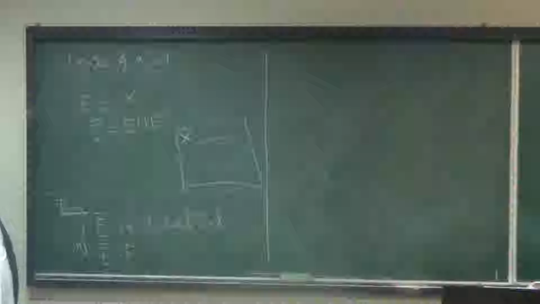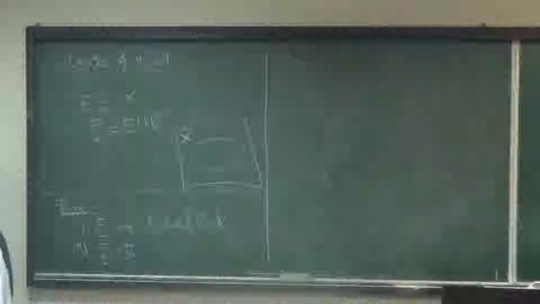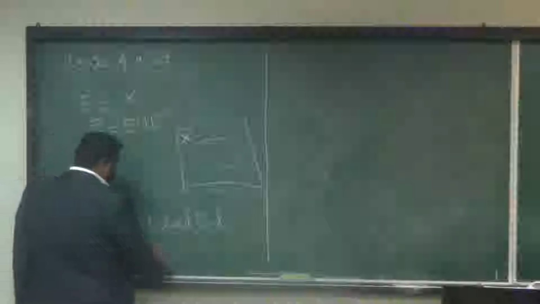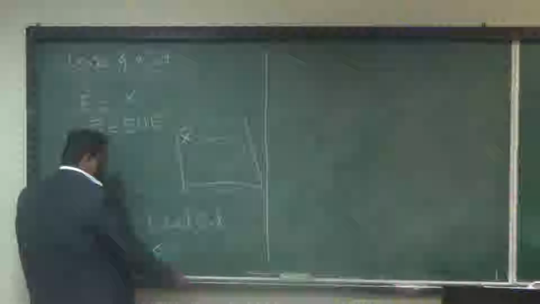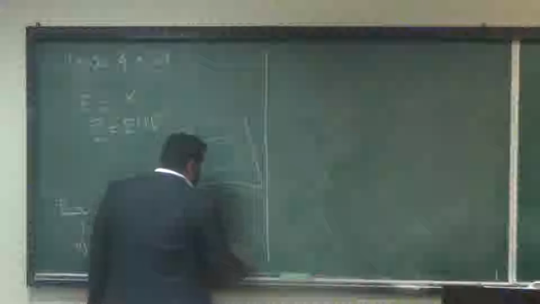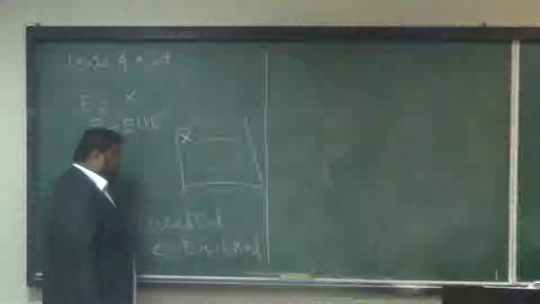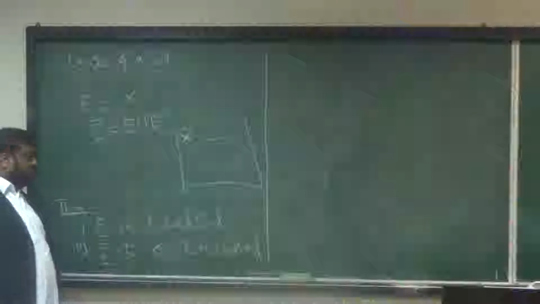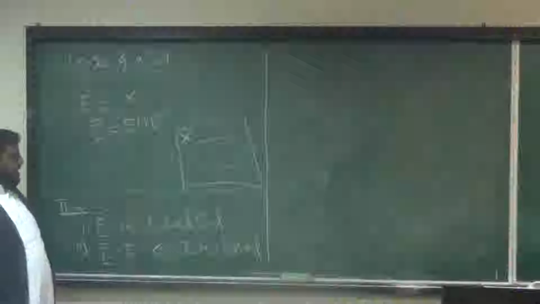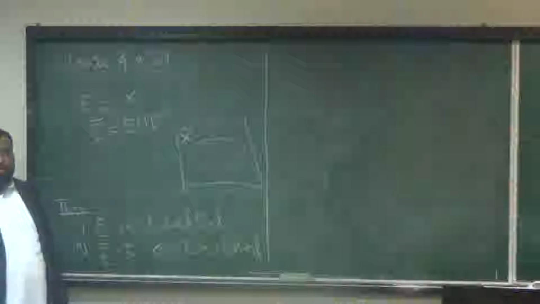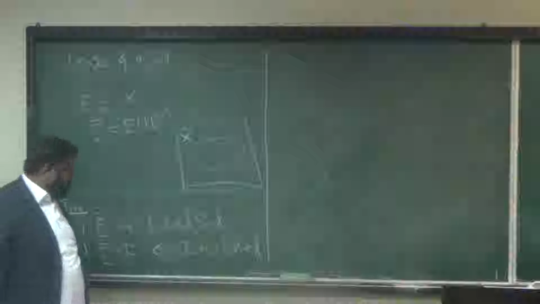So when will this happen? Just think about it. If and only if E is closed. So if E is closed, then its closure is going to be the same. In other words, it's going to contain all of its limit points. And if this is true, then your set E is closed as well.